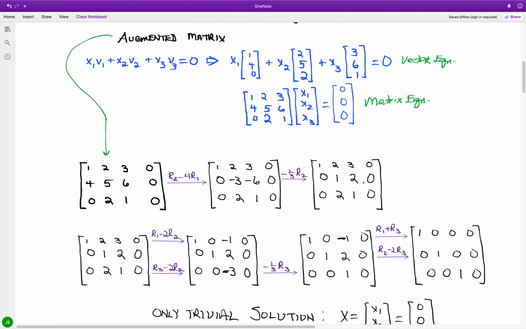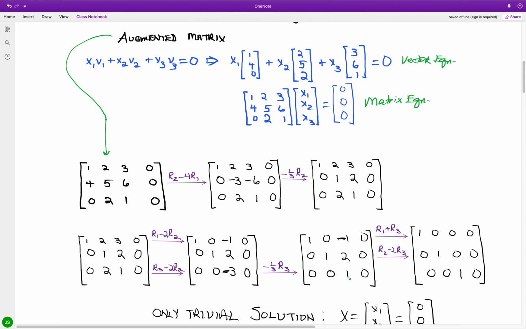I have this set up, and just continuing on as we progress to the reduced echelon form. I'm going to take twice the second row from R1 and R3, and I have this set up. Then for the final pivot position where negative 3 is located, I'm going to make this into positive 1 if I take negative 1/3 of the third row.